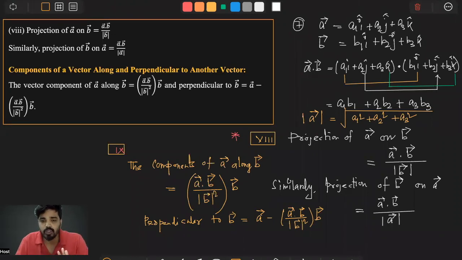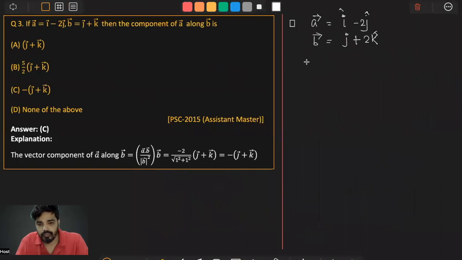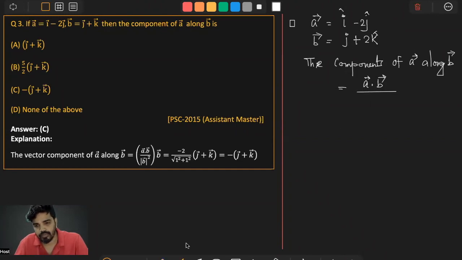So the components of A along B is equal to A dot B divided by modulus B square, B. So A dot B, just a dot product.